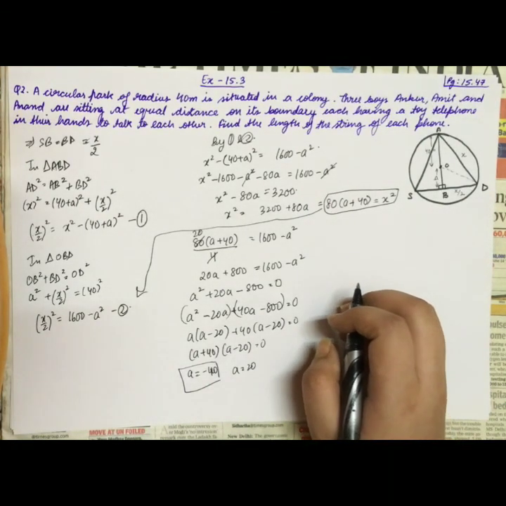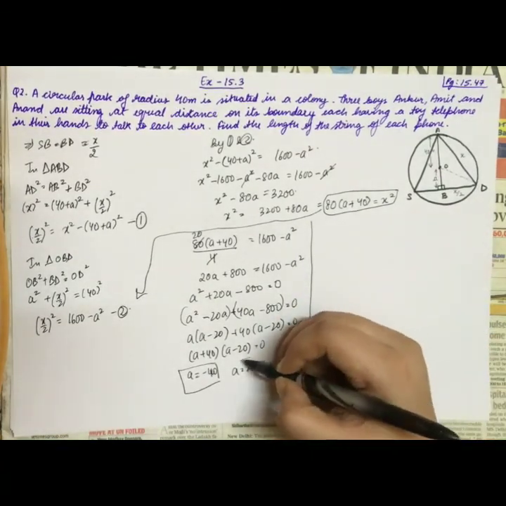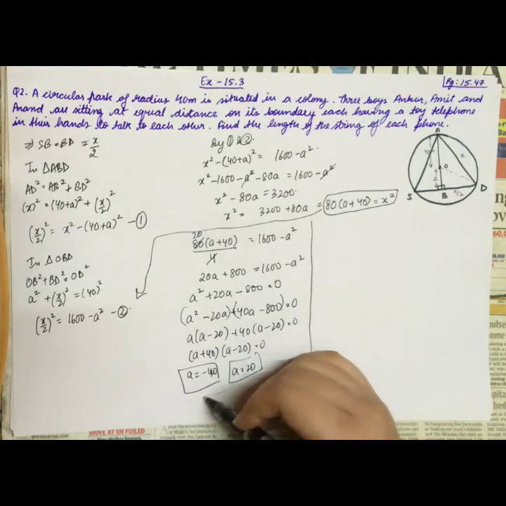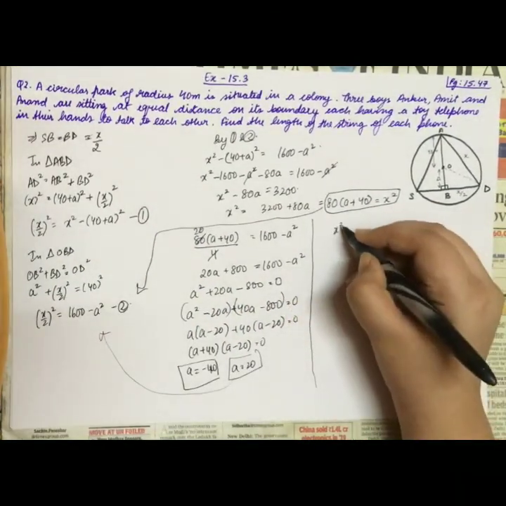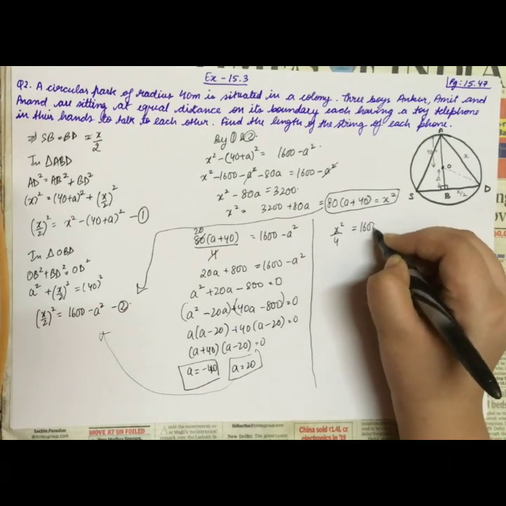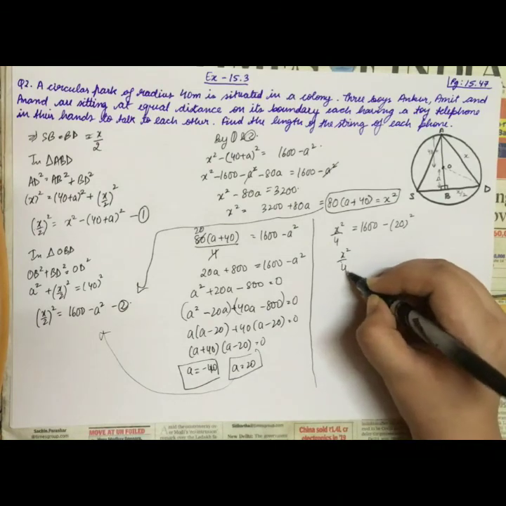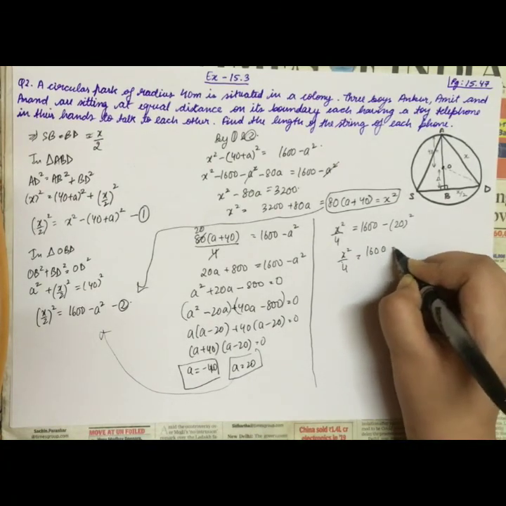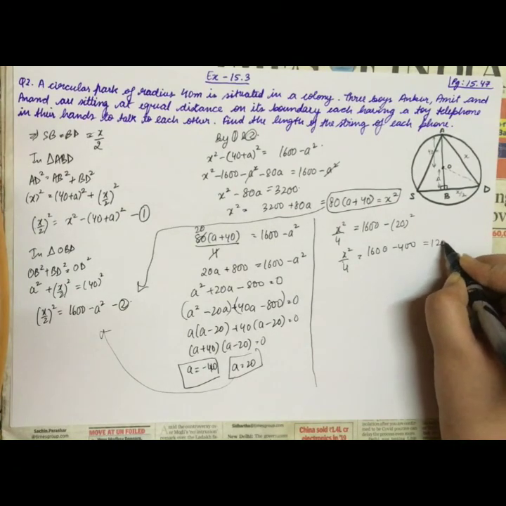So now we'll put this value again in this equation. So therefore x square by 4 is equal to 1600 minus 20 square. X square by 4 becomes 1600 minus 400, which is equal to 1200.